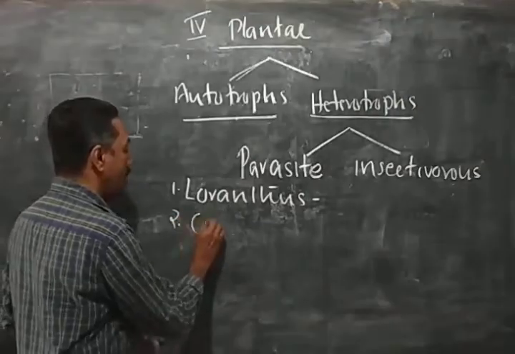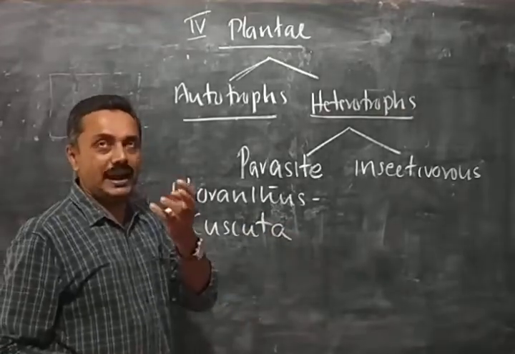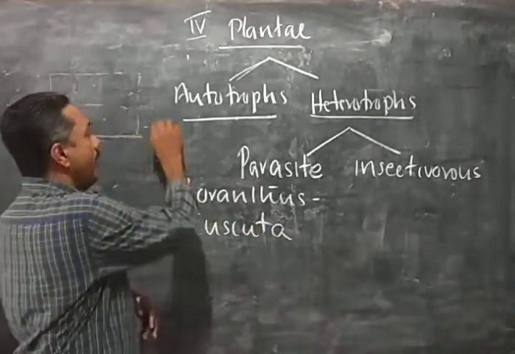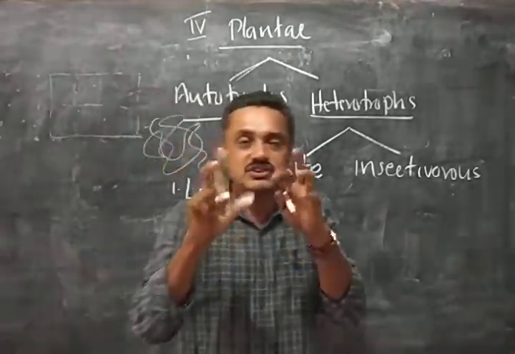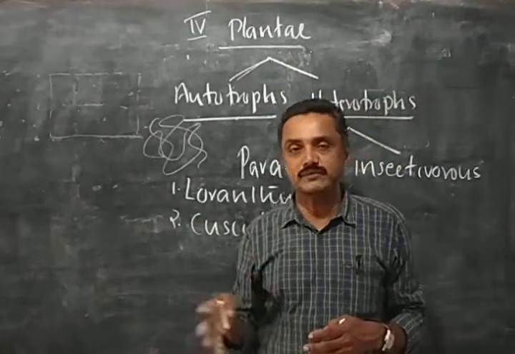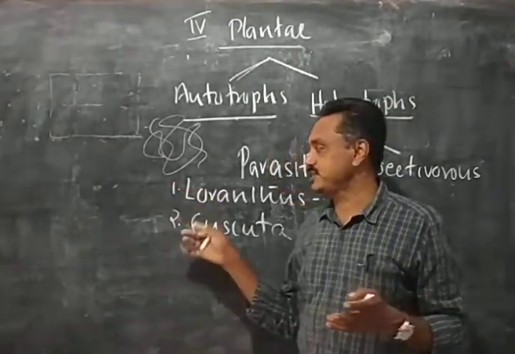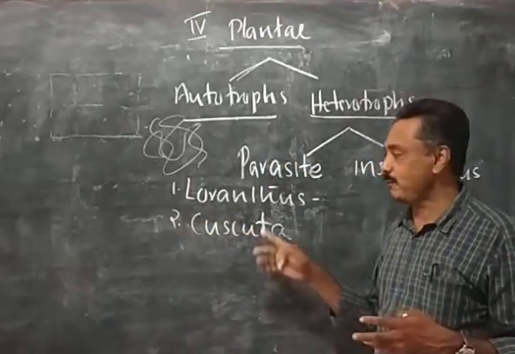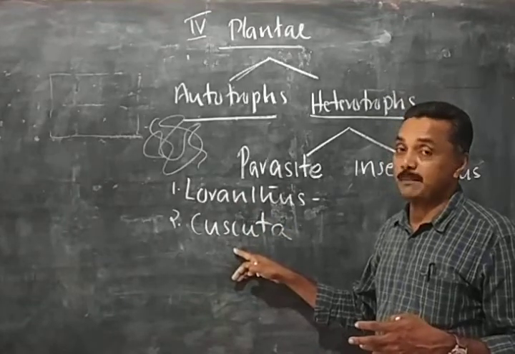Then there is a plant called Cuscuta, a light green or yellow, hair-like structure growing on herbs and small plants. I will give the photographs later on. In the group, I will give the photographs of both these plants: Loranthus growing on a mango tree, and Cuscuta growing on some other plant.